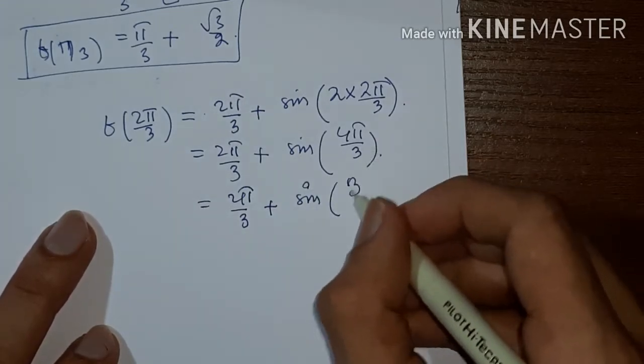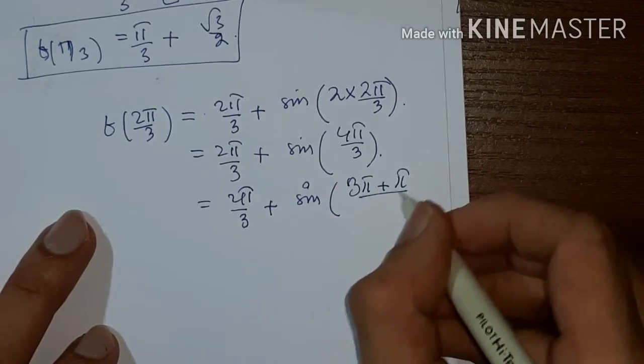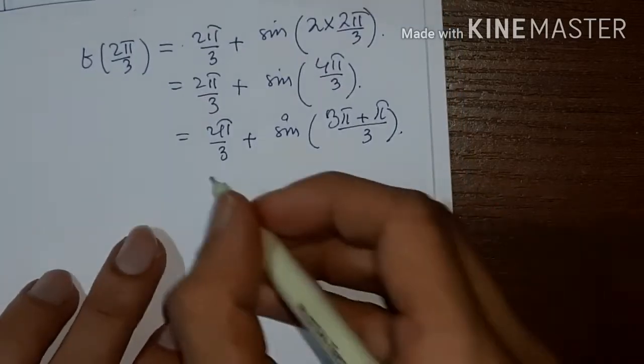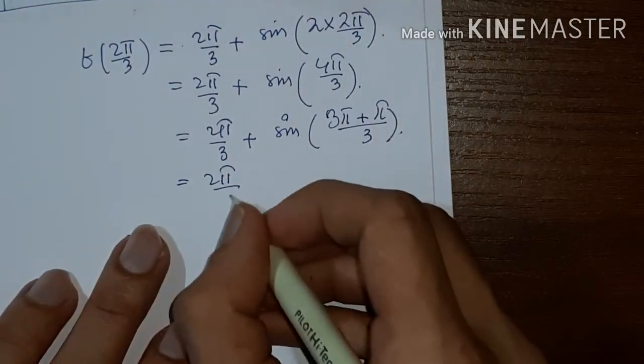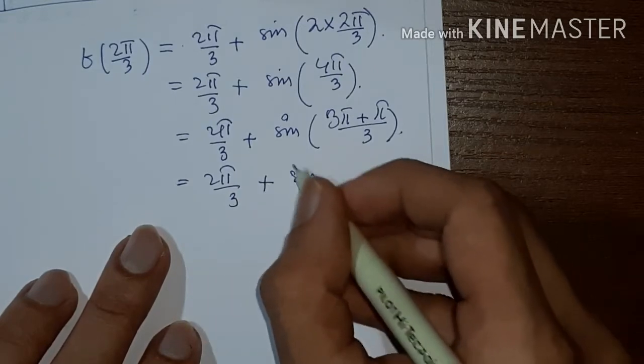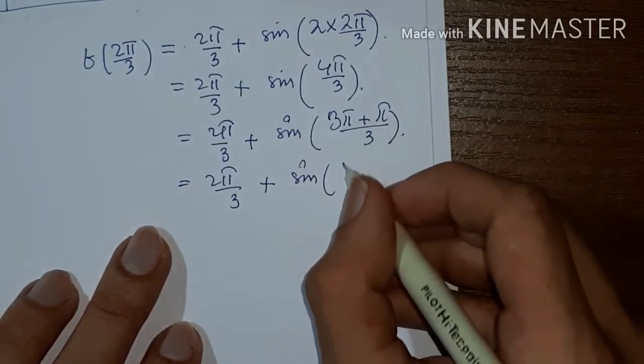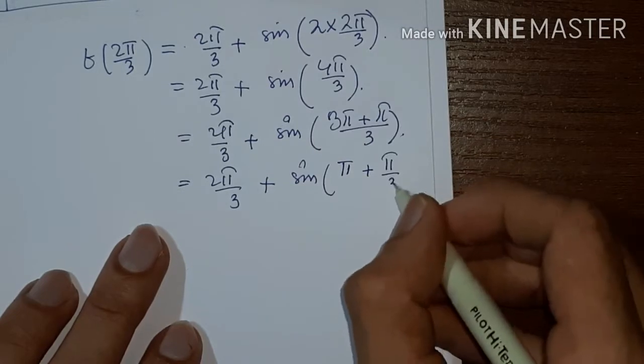We can write this as 3 pi plus pi by 3, so sine of pi plus pi by 3.